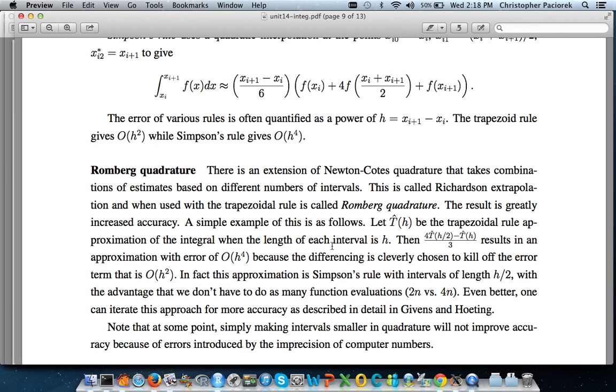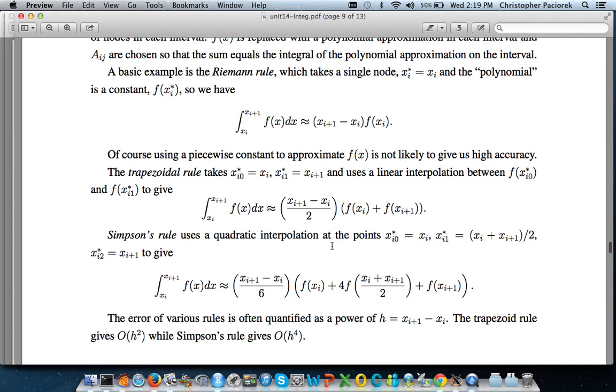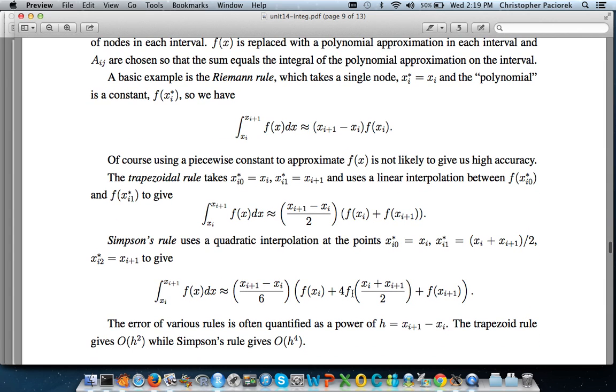But this is going to be equivalent in terms of error to doing Simpson's rule, but with h over 2. So here's h over 2, here's h over 2. But of course, with Simpson's rule, we have to evaluate the function not just at the endpoints of the intervals that are of length h over 2. We also have to evaluate the function at the midpoint of the interval.